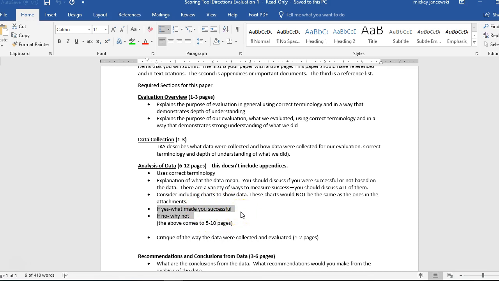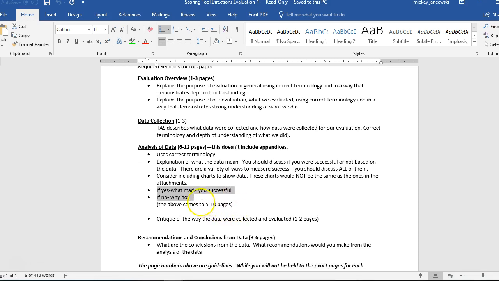Again, I'm looking for data to support it. So if you say the reason we were not successful is because there were too many children in the group, I would expect you to at least count how many children were in that group.